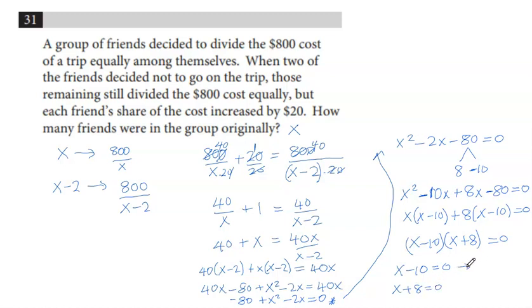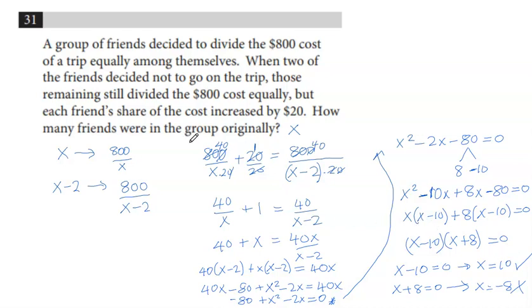If we calculate this algebra, x is equal to 10, right? From the second one, we get x is equal to minus 8. Remember, since we are counting the number of friends, we can't get a negative count. So this one is out. The correct answer is 10, right? So the original number of friends in the group was 10.